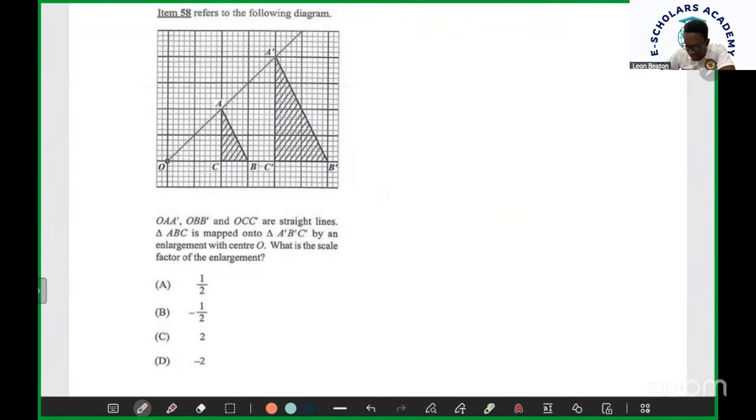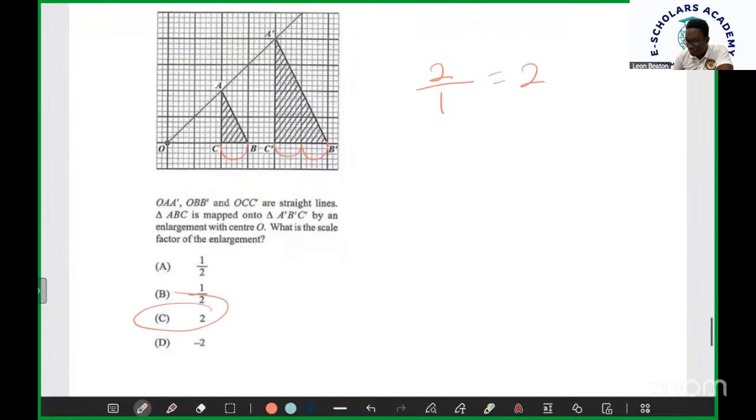We see the measurement for C'B' is 2, so this will be 2 over, and we choose the corresponding side for CB for the object. This is 1. So it's 2 over 1, which is simply equal to 2. So the scale factor is simply 2. All right, scale factor is 2.